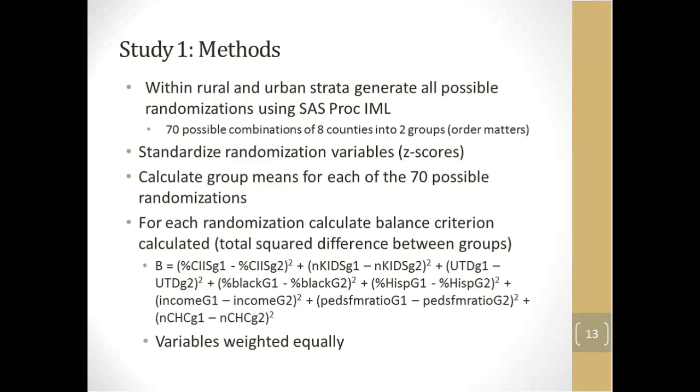And then next, we calculated group means for each group for each of those 70 possible randomizations. And for each randomization, we calculated the balance criterion, and you can see how we did that. We chose in this study and in the next one to allow all these variables to be weighted equally.